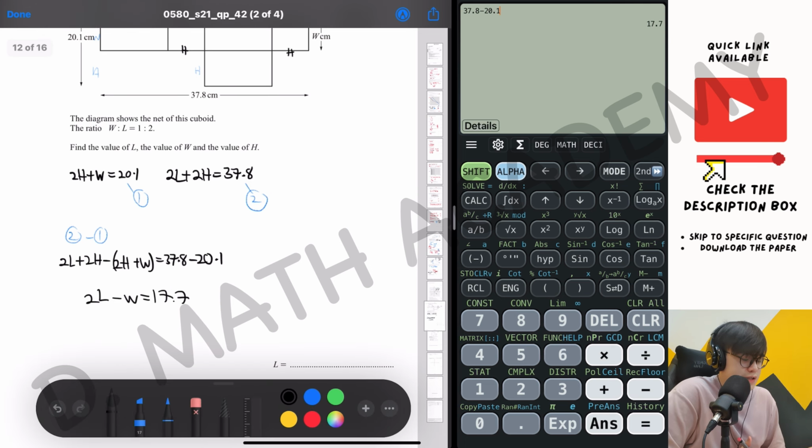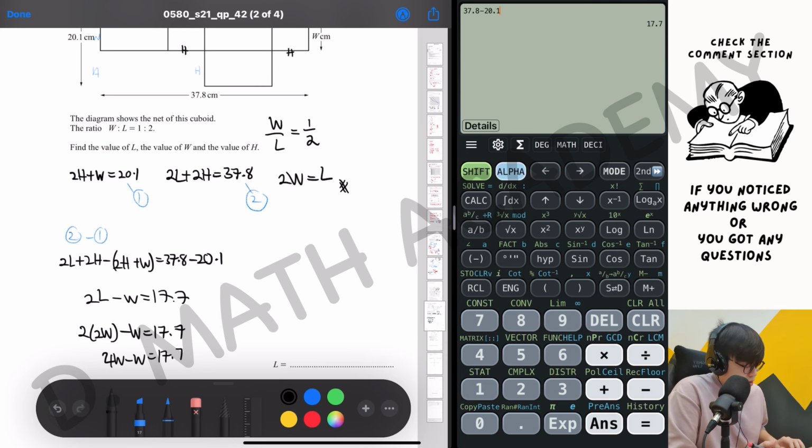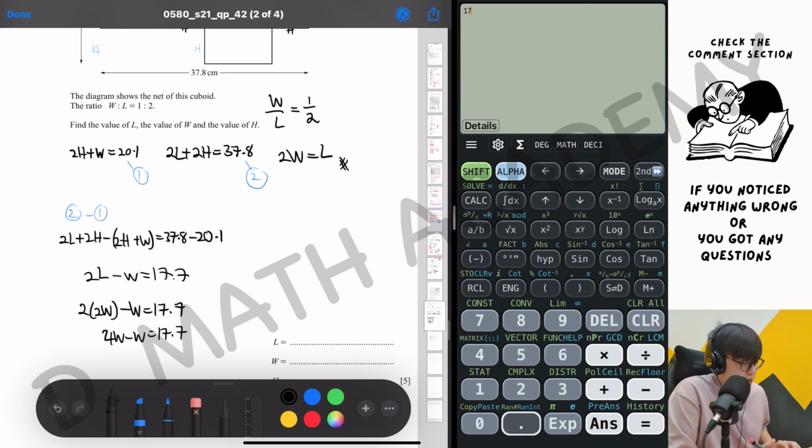Okay, let's utilize the ratio. We know that W over L equals 1 over 2. So 2W equals L basically. So 2 bracket 2W minus W equals 17.7. 4W minus W equals 17.7. 17.7 divided by 3, you will get your W as 5.9 here.